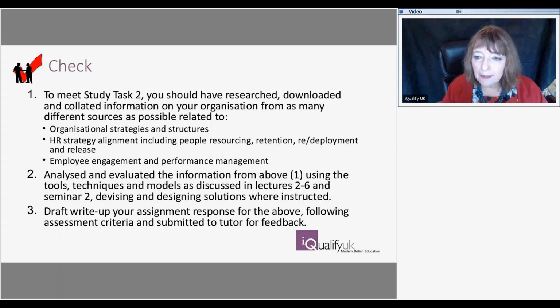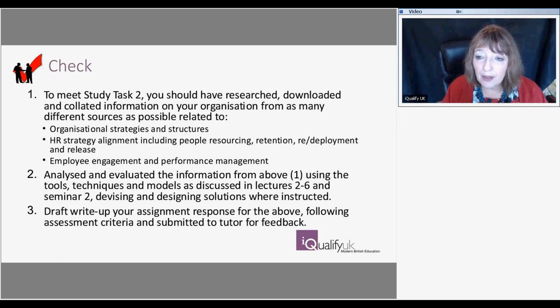The second thing that you should have done is to analyse and evaluate the information from the above using the tools, techniques and models as discussed in lectures 2 and 6. And you'll recall we did a synopsis in seminar 2 for all the different lectures that you had during that period. Devising and designing solutions where instructed.